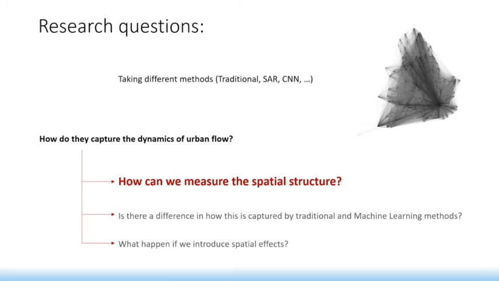We want to take the measures of a graph structure as a validation method to enhance the traditional predictive measures and provide a flexible framework for inspecting the spatial structure of the flow network. In the rest of these slides, I will explain in detail what this means and how it works.